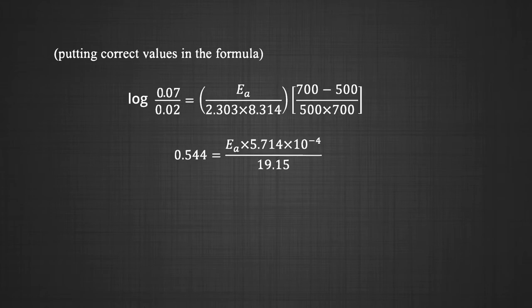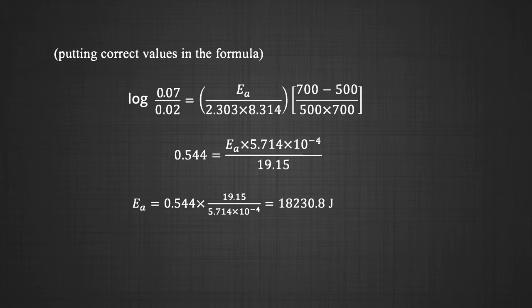Finding the log, it comes out to be 0.544 equals EA into 5.714 into 10 raised to power minus 4 divided by 19.15. Activation energy EA is equal to 0.544 into 19.15 divided by 5.714 into 10 raised to power minus 4.